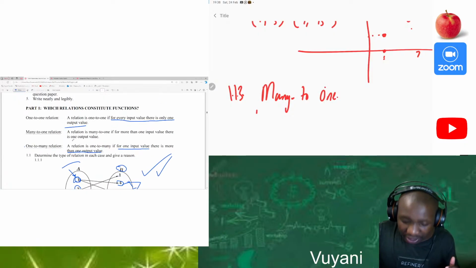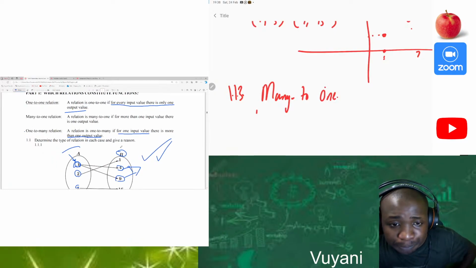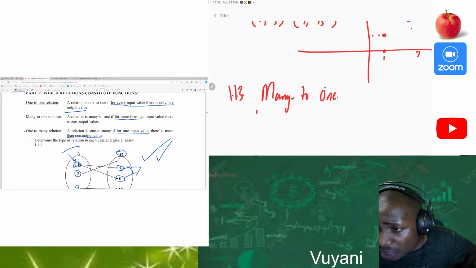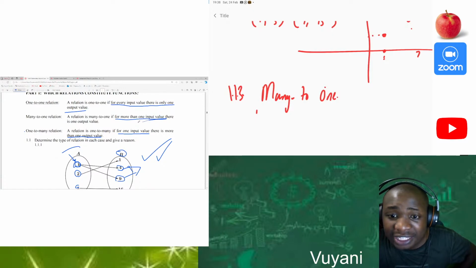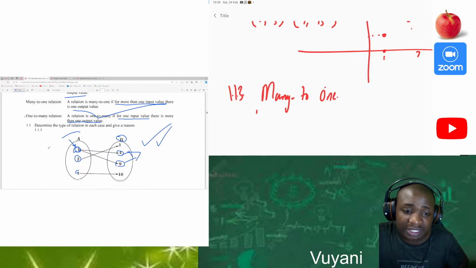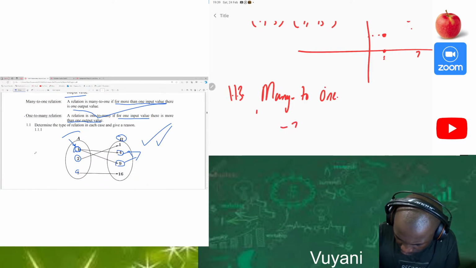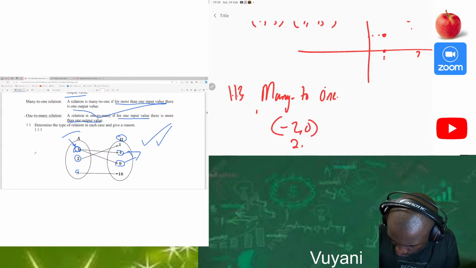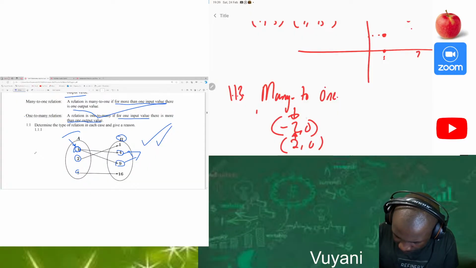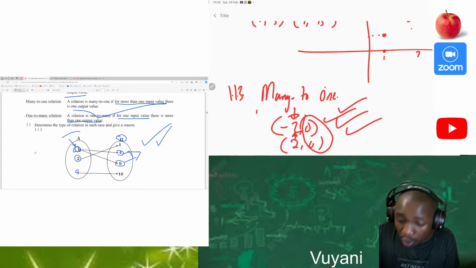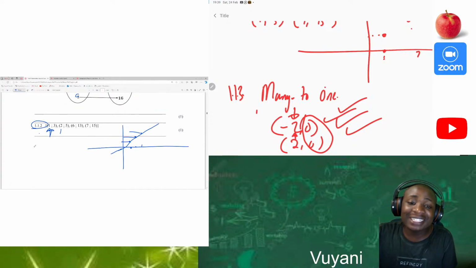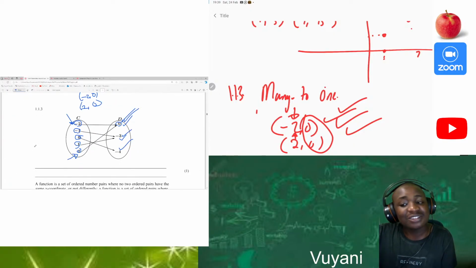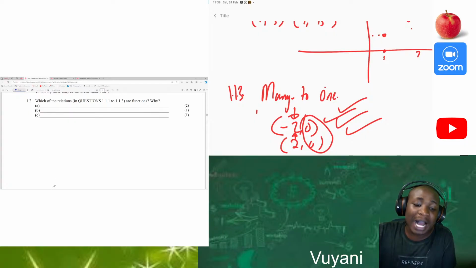So your reason will be: for more than one input value, there is one output value. We have -2 to 0, and we also have 2 to 0. So for more than one input value, the output is always constant, it's 0. So that's a many-to-one relation. Then after you're done with that, you get your full 3 marks.